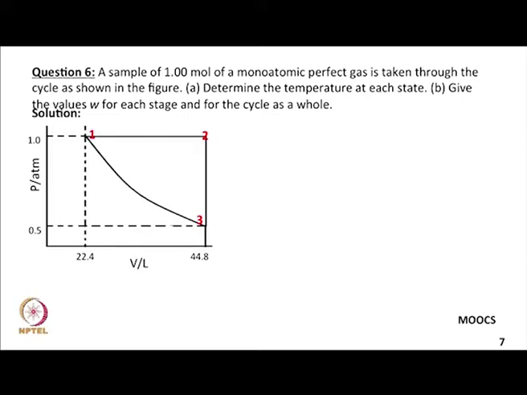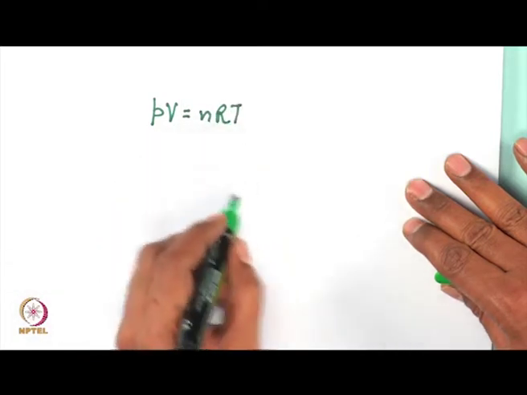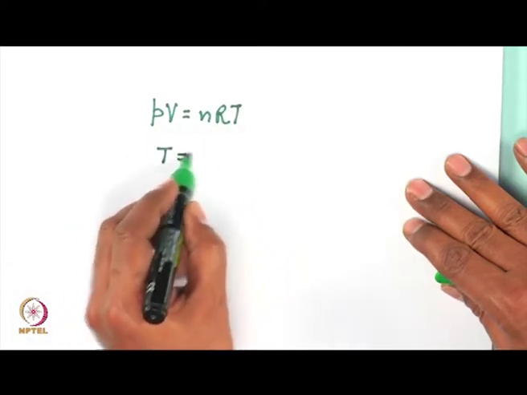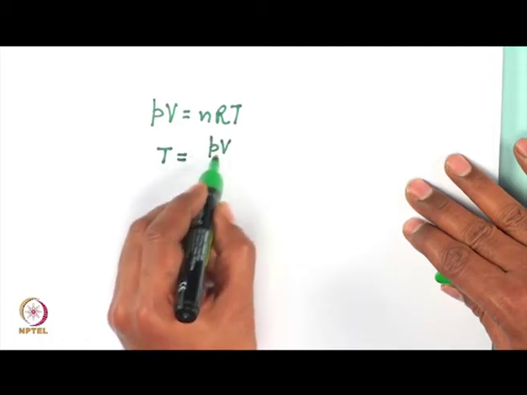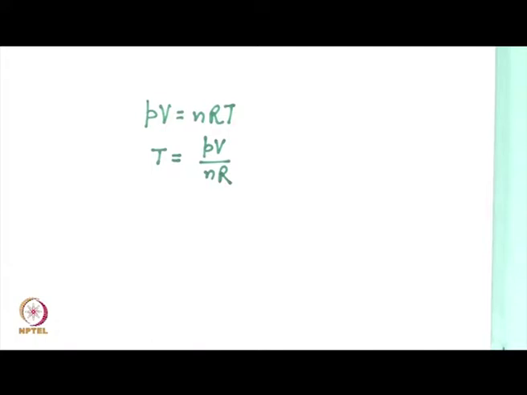The first question is to determine the temperature at each state, and you see it is a monatomic perfect gas. Therefore, at each state PV is equal to nRT applies. Therefore, temperature can be easily calculated from PV is equal to nRT, whether the gas is at stage 1, stage 2, or stage 3 as shown in the figure.